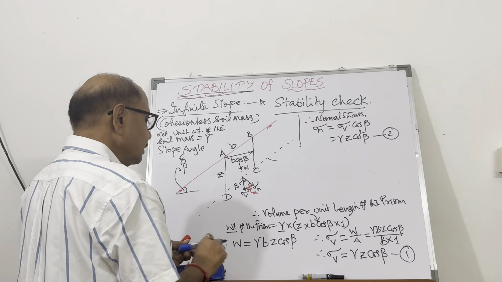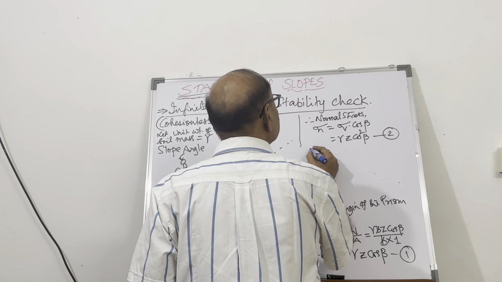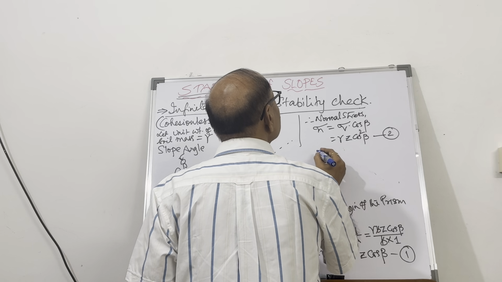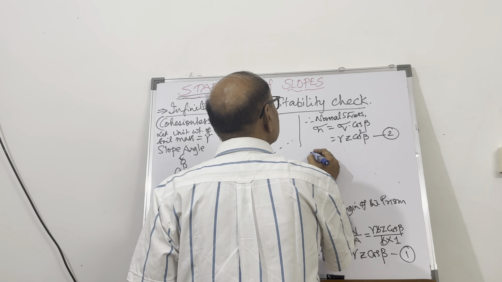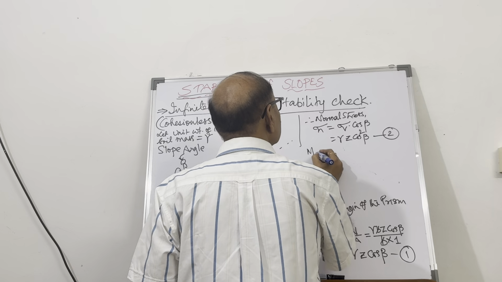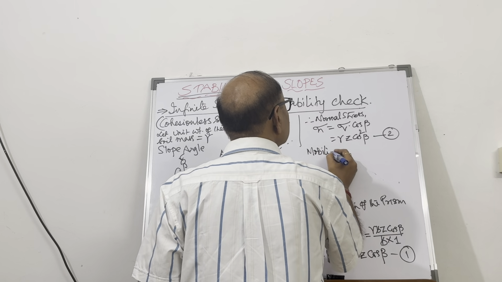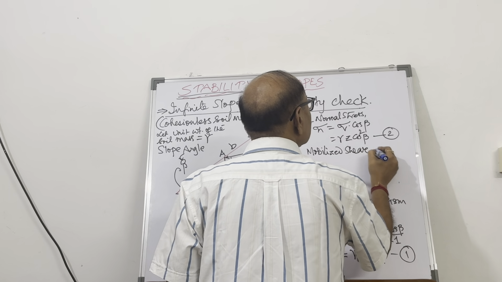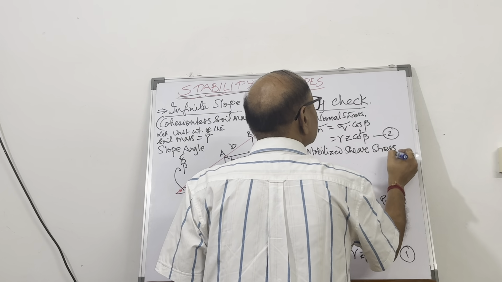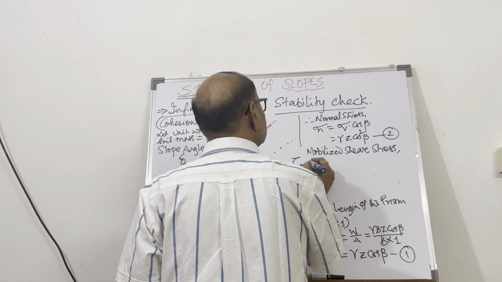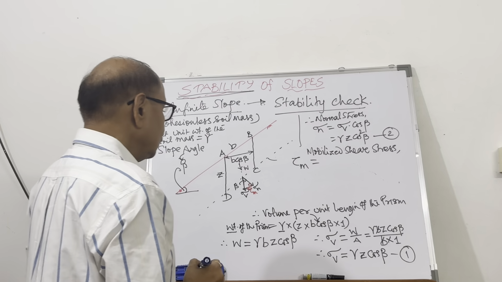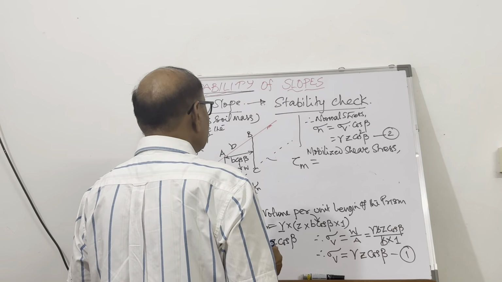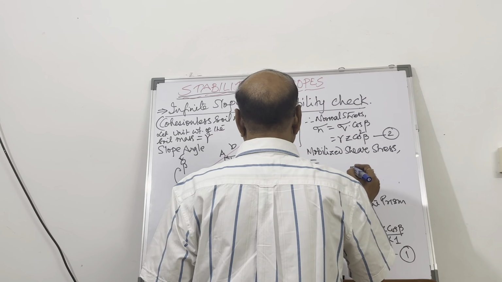Therefore, friends, we can calculate the tangential component, that is called the mobilized shear stress, tau m. Because the vertical component is known to you, it will be sigma v sine beta.